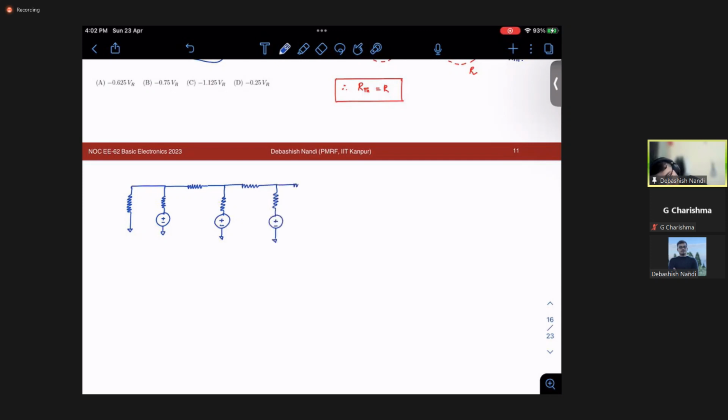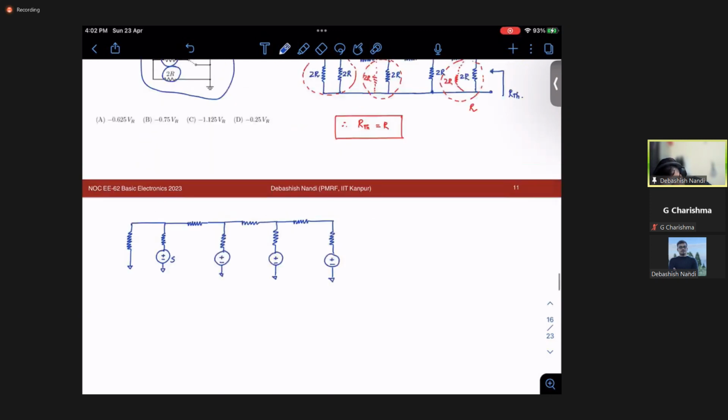So we had this, and this would be your A0. So S0 VR, S1 VR, S2 VR, S3 VR, and we want to find out the VTH. This would be 2R, 2R, 2R, 2R, 2R, is R.